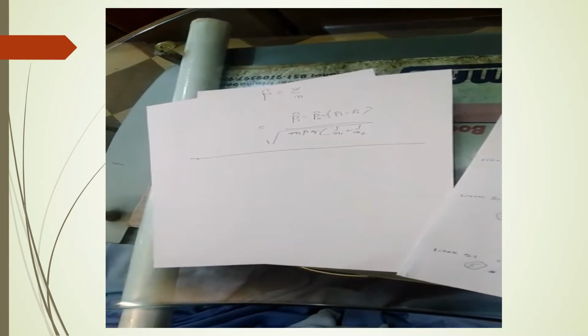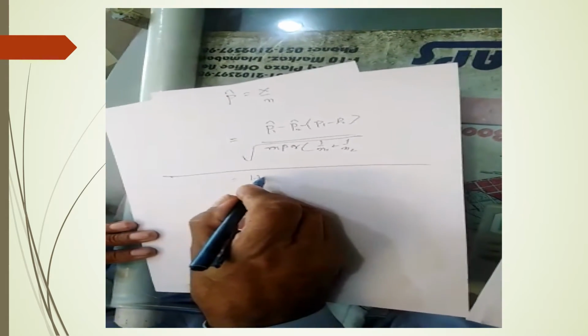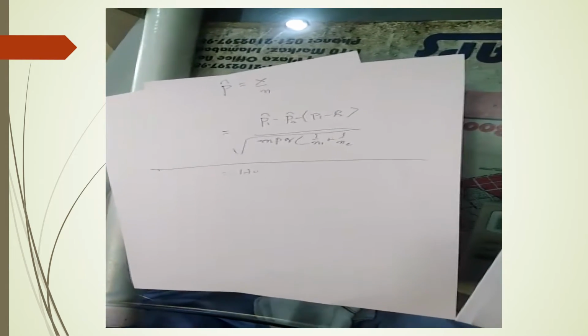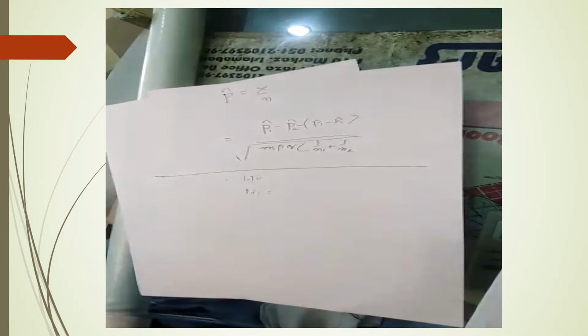If you want to know the association between these, the test is known as chi-square. The first step is to make H naught: there is no association between the two attributes, with H1: there is association between the attributes.